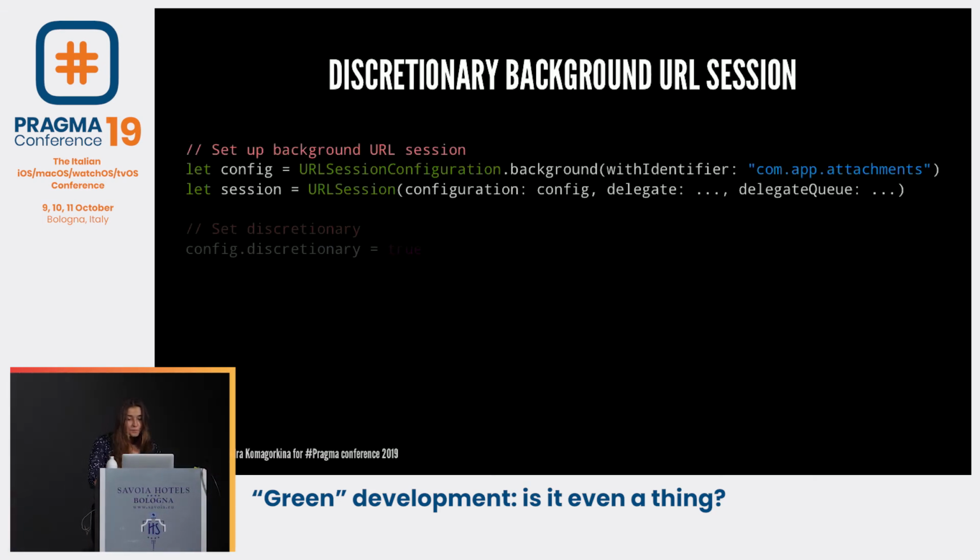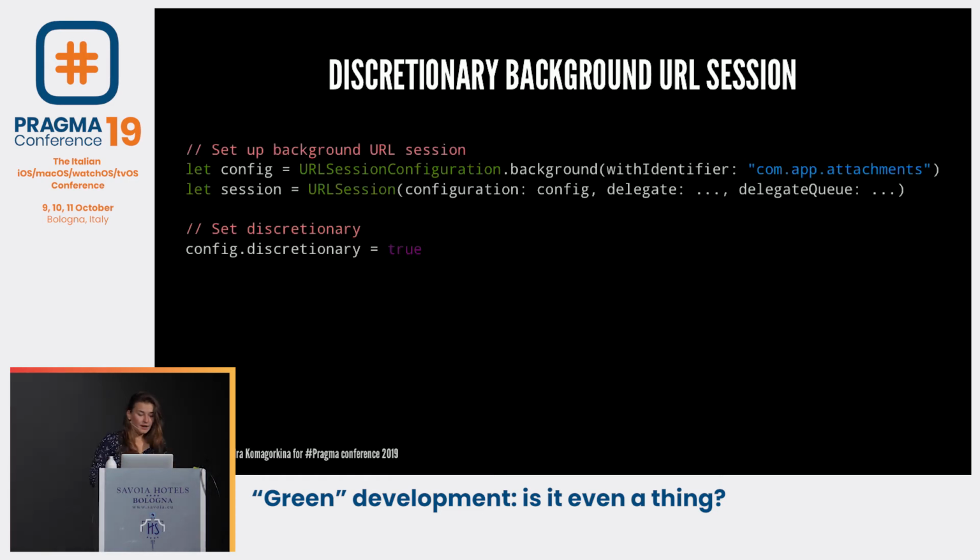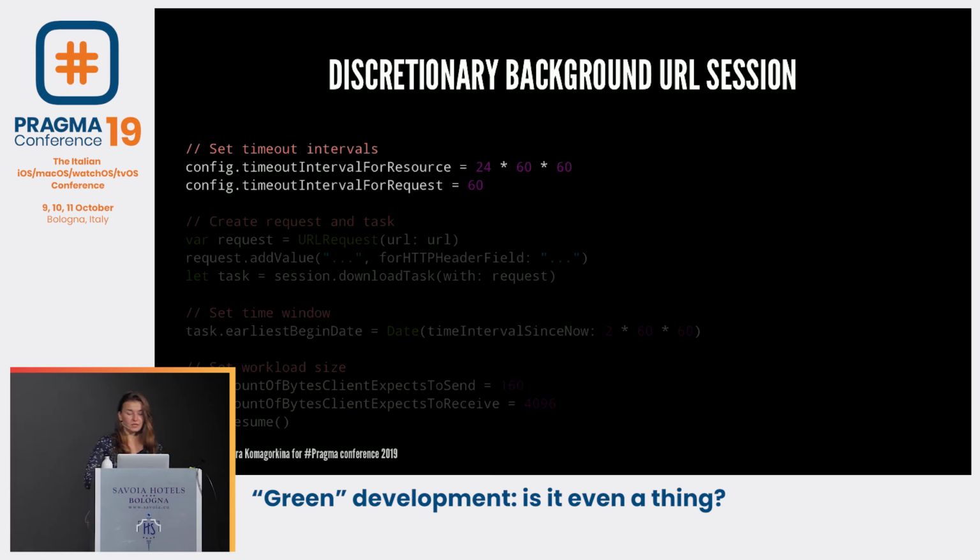How can we do it? With a discretionary background URL session. We configure a URL session, give it an identifier, and create the session. Set it to discretionary. Then we put some settings here. We can set time intervals.